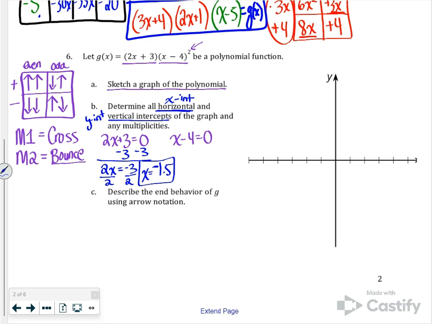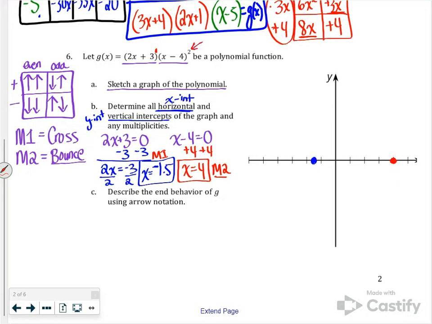I'm going to go over to negative 1.5 and make a dot. Then we find the other x value by adding 4 to both sides, and we get x equals 4. That one is going to have a multiplicity of 2. So we go over to x equals 4, 1, 2, 3, 4, and make a point there. The reason I said M2 is because that one had a square on it. And this one is going to be an M1, or a multiplicity of 1, because there was technically an invisible little 1 there as a power.